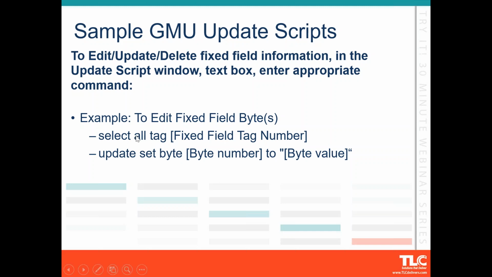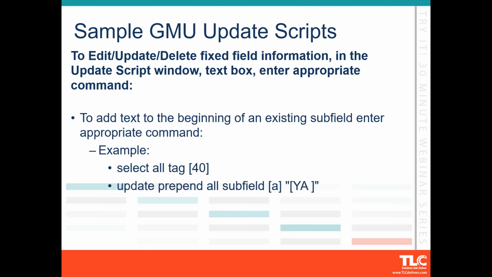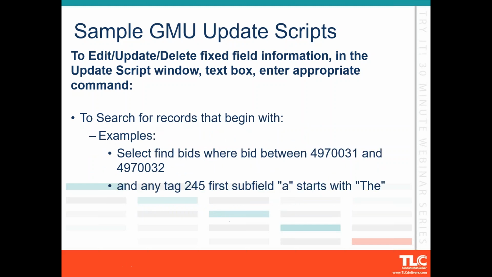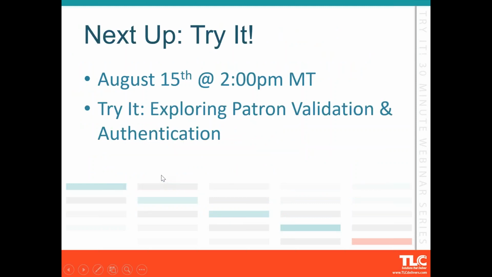The scripts I placed here are some commonly used scripts that libraries may want. There's the ability to edit fixed field bytes. There's the ability to add text to the beginning of an existing subfield. Entering appropriate commands, we can replace text within a tag, and we can search for records that begin with. Those are all examples of how you can achieve that.